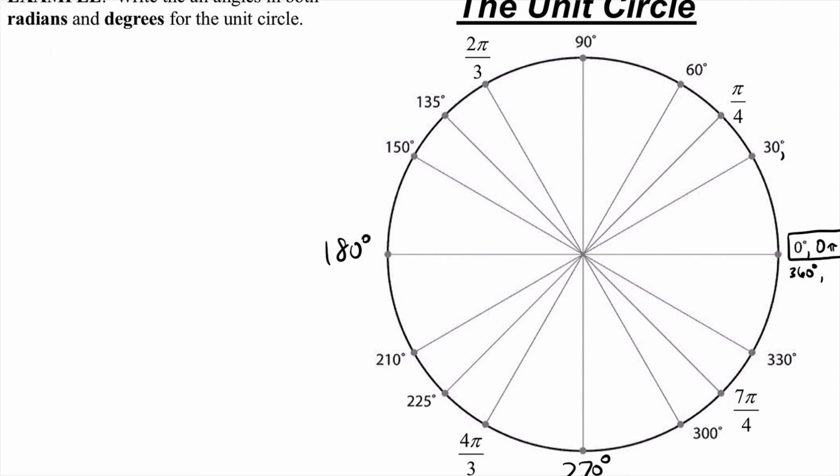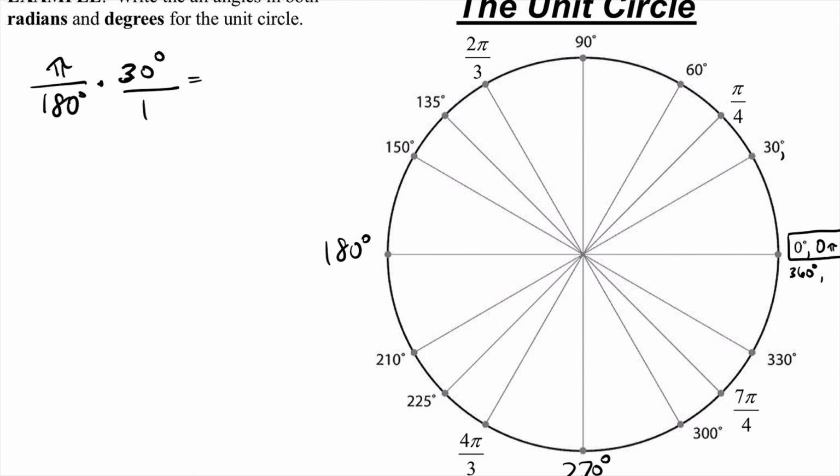Times pi over 180 degrees. 30 degrees times pi over 180 degrees. What does that equal? What radians is that going to give me? Just like you did on the other side. Oops, no, not 30 pi, 30 degrees.